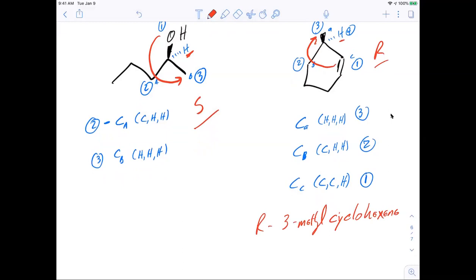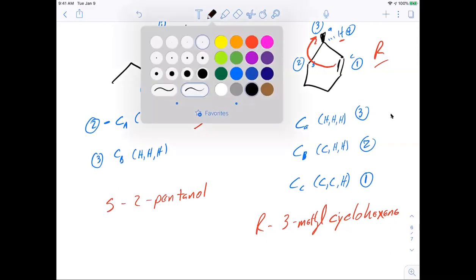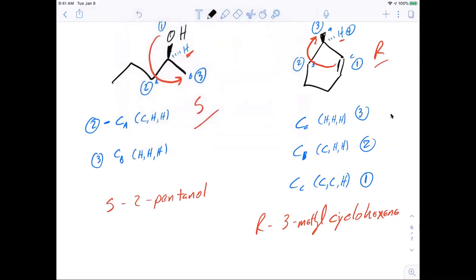Over here, we have the alcohol. We'll get into more alcohol naming later, but this is going to be S 2-pentanol. And again, practice through it. Just as you're learning to do this one, just do it step by step, nice and careful, and you'll get them right.